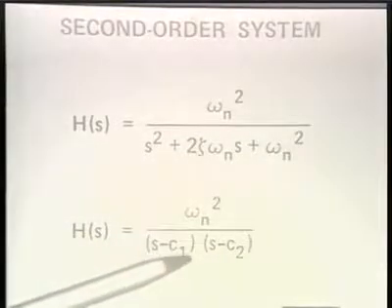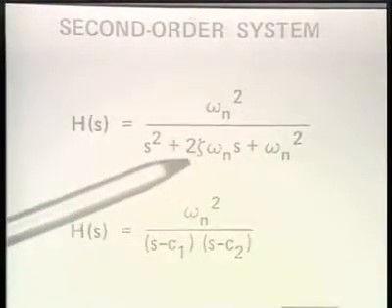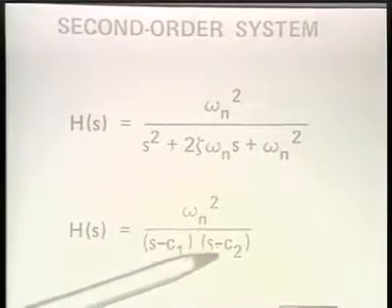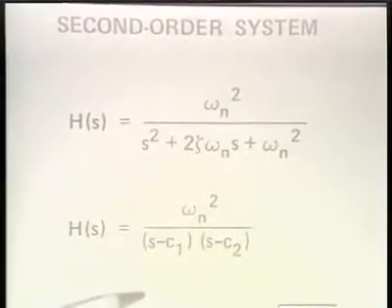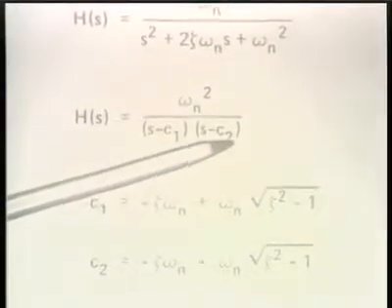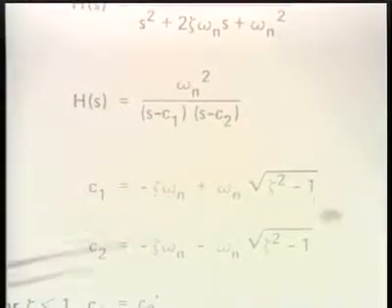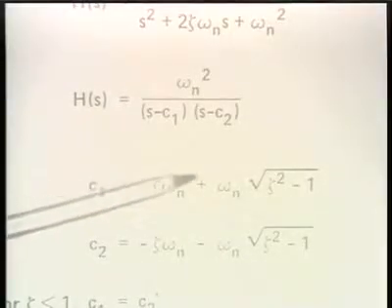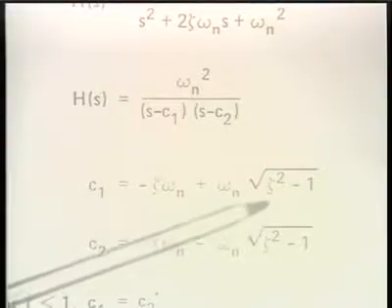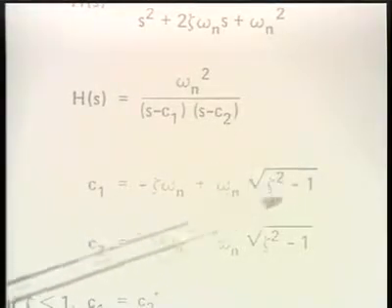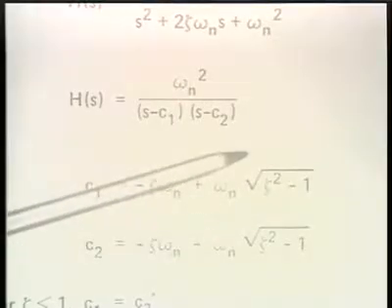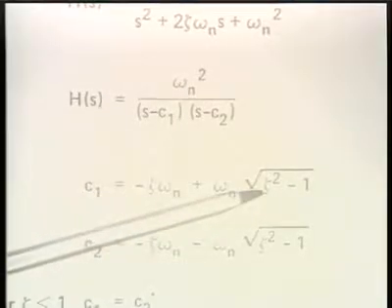And in particular, in relation to the two parameters zeta and omega sub n, if we look at what these roots are, then what we get are the two expressions that I have below. And notice, incidentally, that if zeta is less than 1, then what's under the square root is negative. And so this, in fact, corresponds to an imaginary term for zeta less than 1.